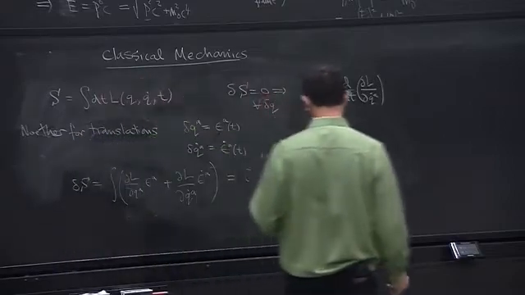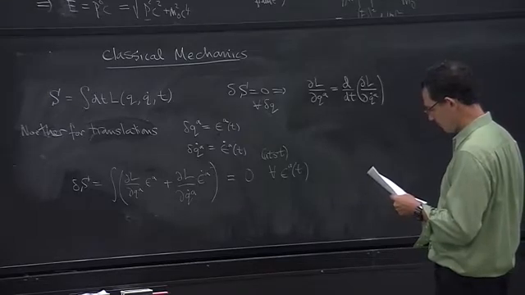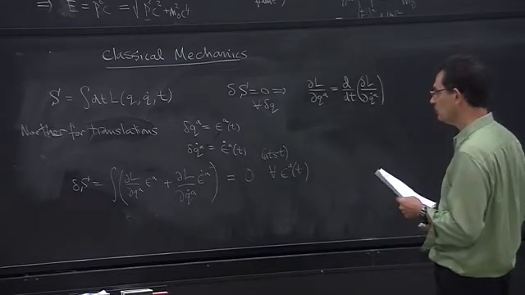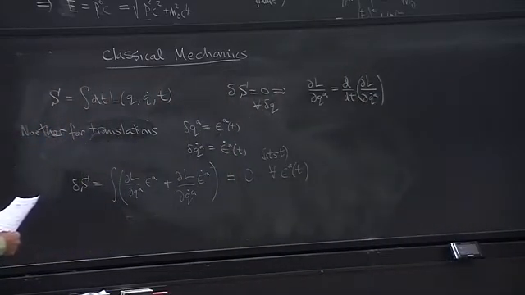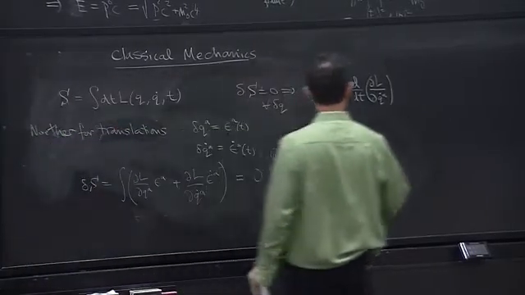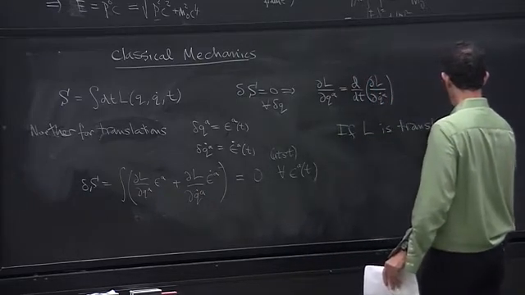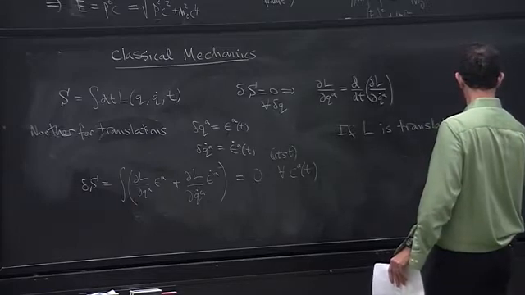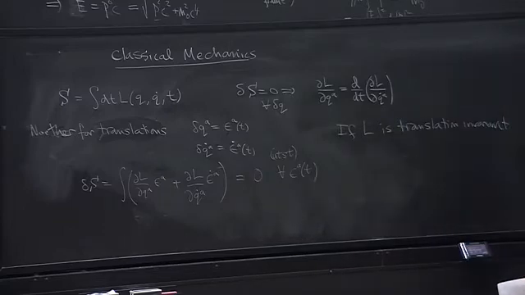Now, if the Lagrangian is translation invariant, then we have that dL/dq_a equals 0.